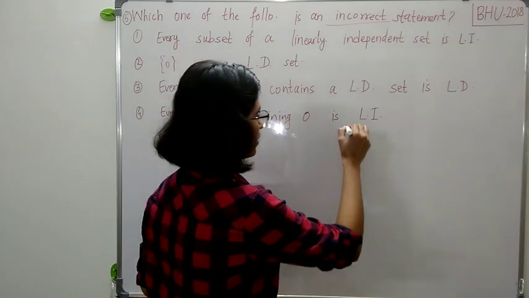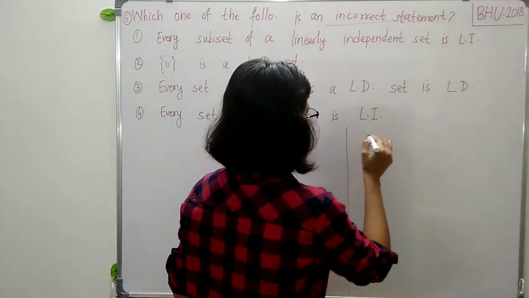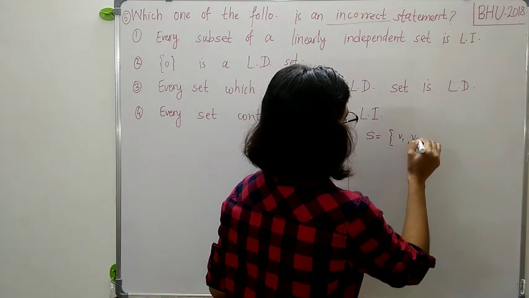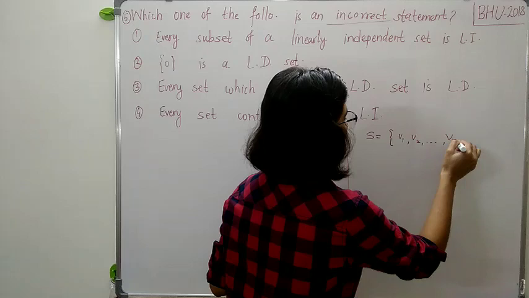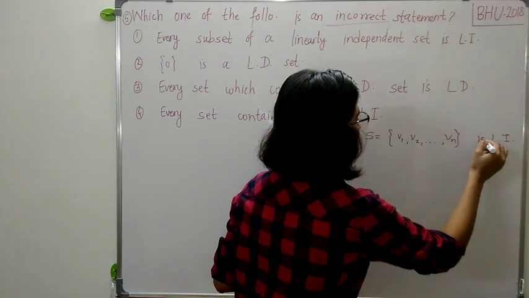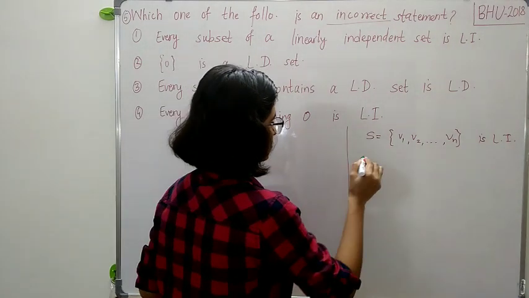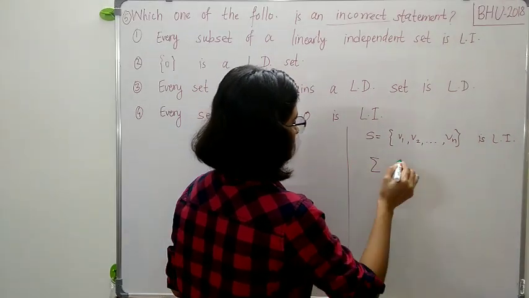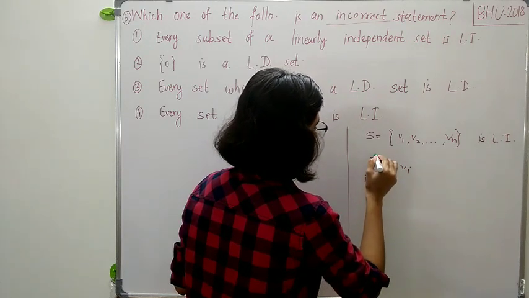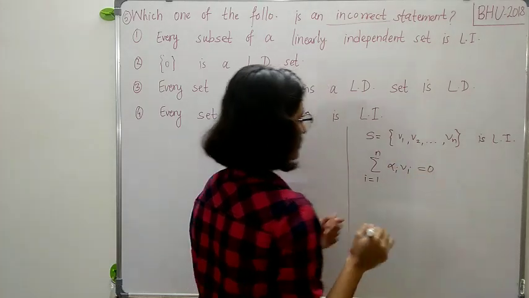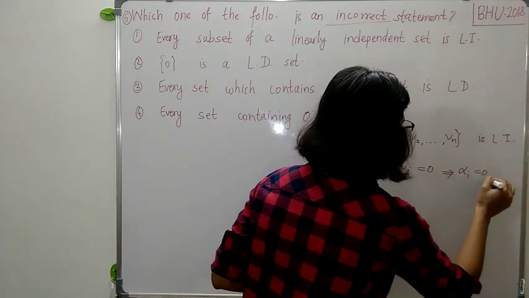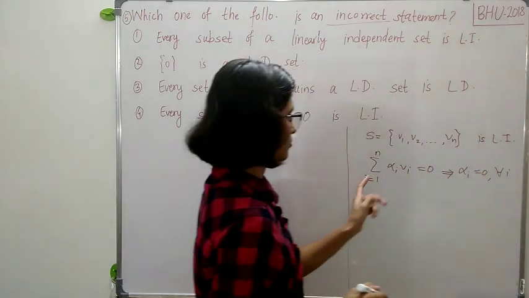So a set, say S, equal to some elements V1, V2 up to say Vn is linearly independent if we have the following. Suppose you have a scalar combination sum of alpha i Vi, i runs from 1 to n, equal to 0, then this implies alpha i is equal to 0 for all i, where i runs from 1 to n.